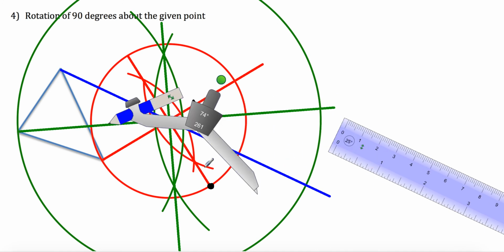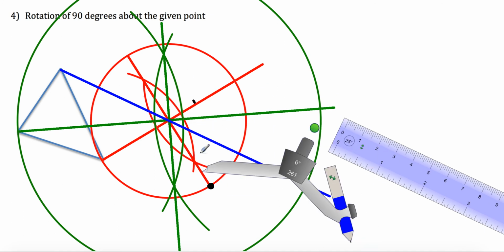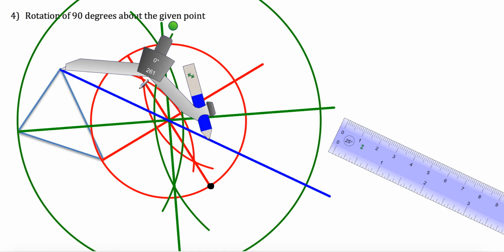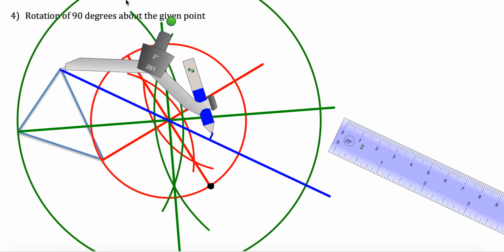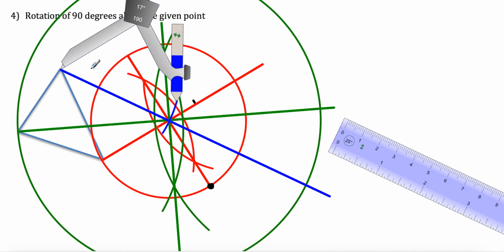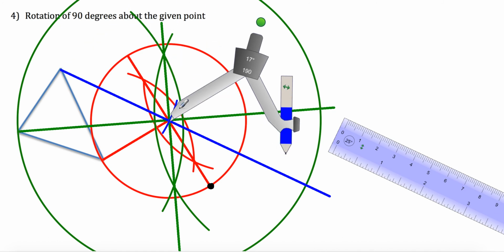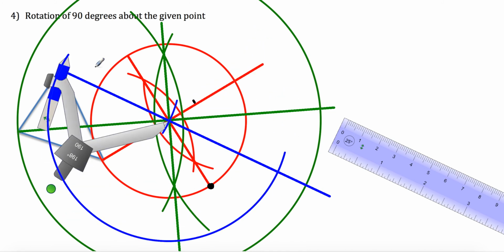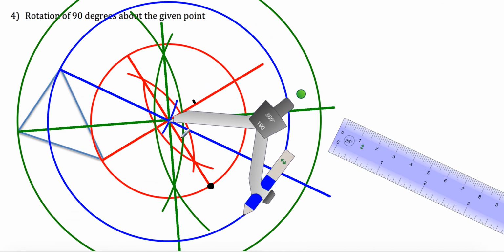And then so that was the radius. Then I can draw the circle in this way.